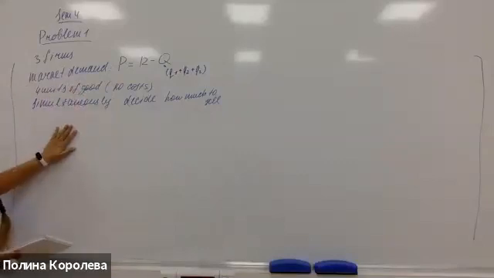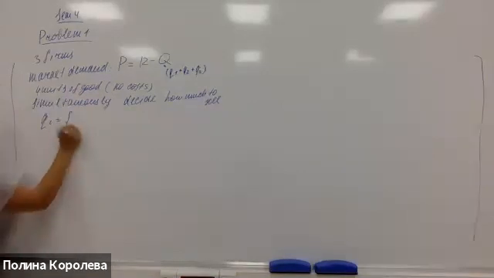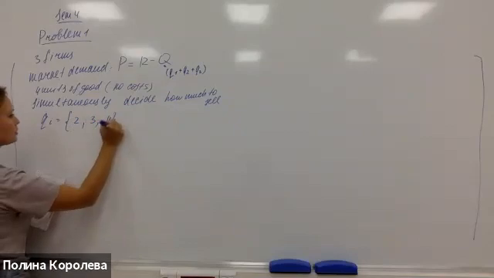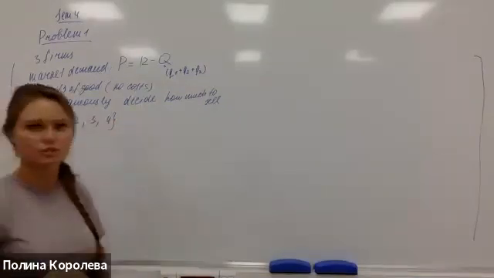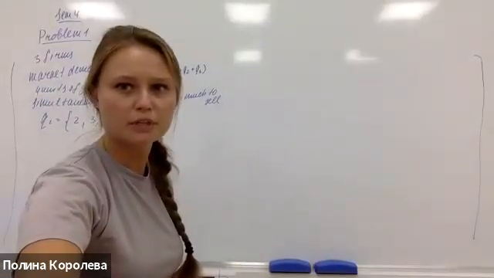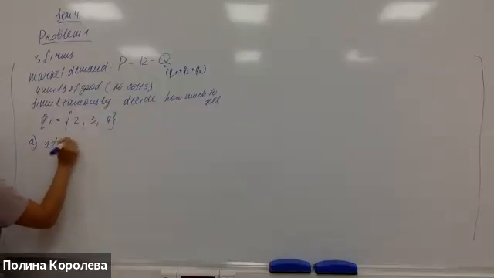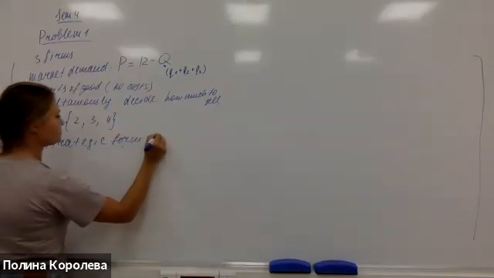And here are the options that each firm can choose: to sell 2 units of good, 3 units of good, or 4 units of good. These are their actions, their strategies. You know it from the lecture. And our first task is to write down the strategic form of the game.